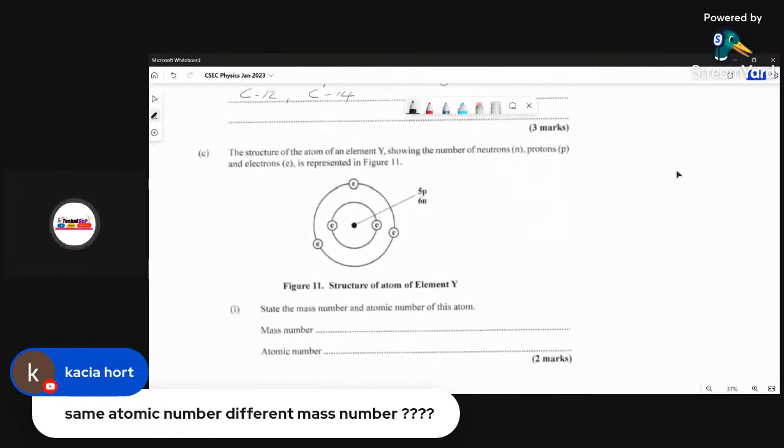Now we see another one here. The structure of the atom of an element Y, showing the number of neutrons N, protons P, and electrons E, is represented in figure 11. State the mass number and atomic number of this atom. We know that mass number is equal to, what is mass number by definition?